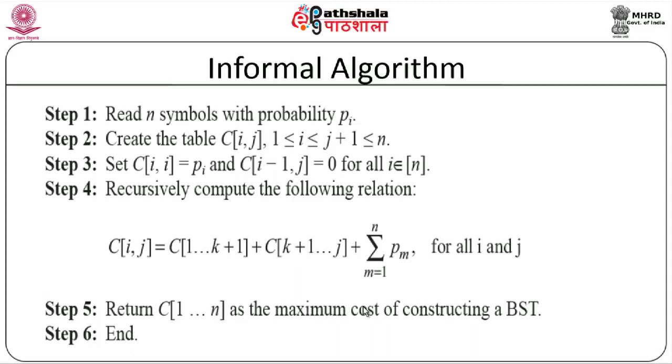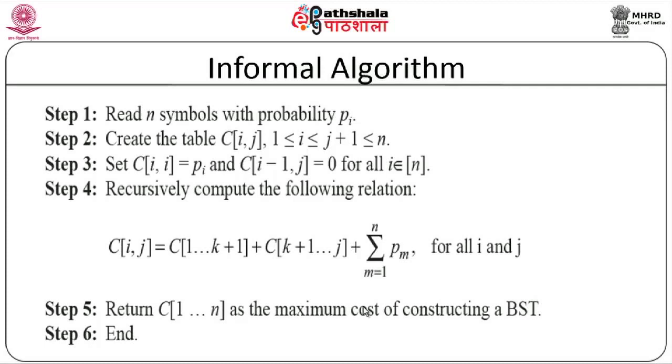Step 1: we read n symbols, and all symbols are associated with a probability p of i. As I said earlier, as dynamic programming we are going to construct a table C of i comma j, where every entry illustrates the minimum cost that is required to compute that particular BST.